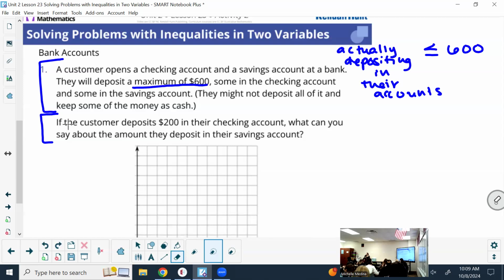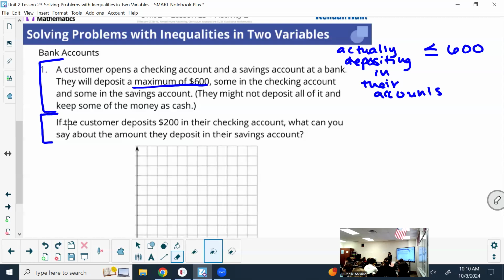Maybe read it to the class. A customer opens a checking account and a savings account at a bank. They will deposit a maximum of $600, some in the checking account and some in the savings account.